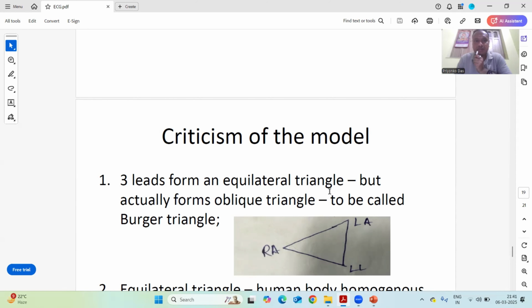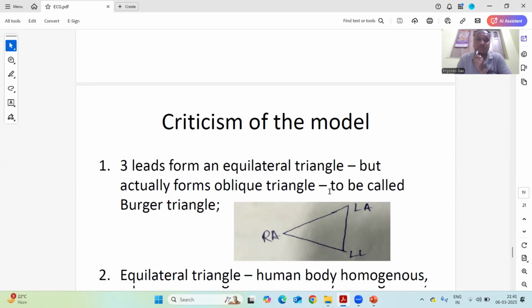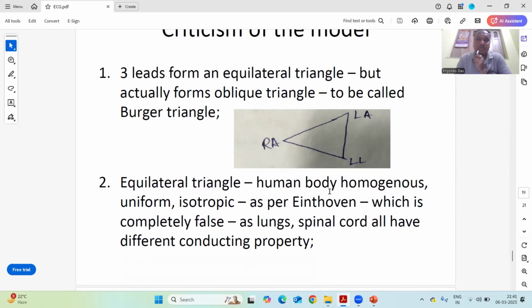Second assumption: with the equilateral triangle, the human body should be homogeneous, uniform and isotropic as per Einthoven, which cannot be. The human body is never homogeneous, uniform or isotropic.